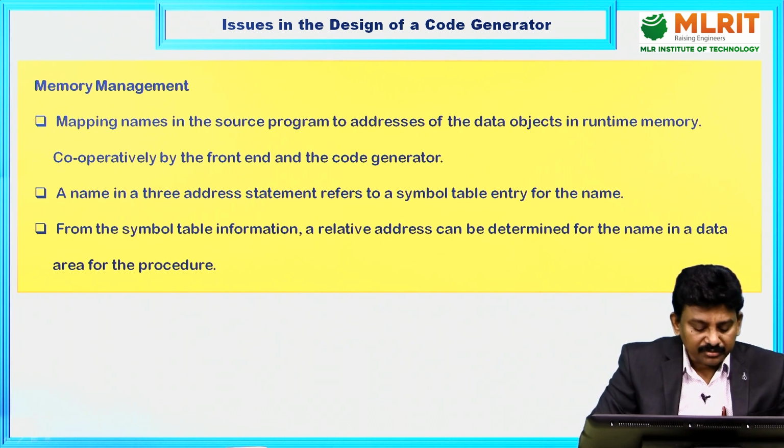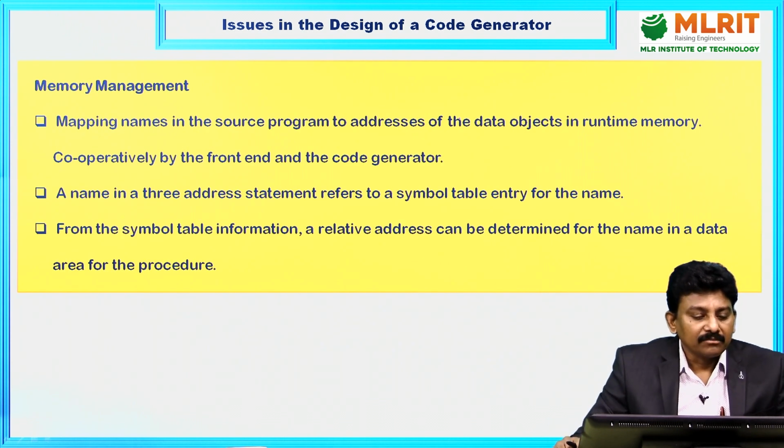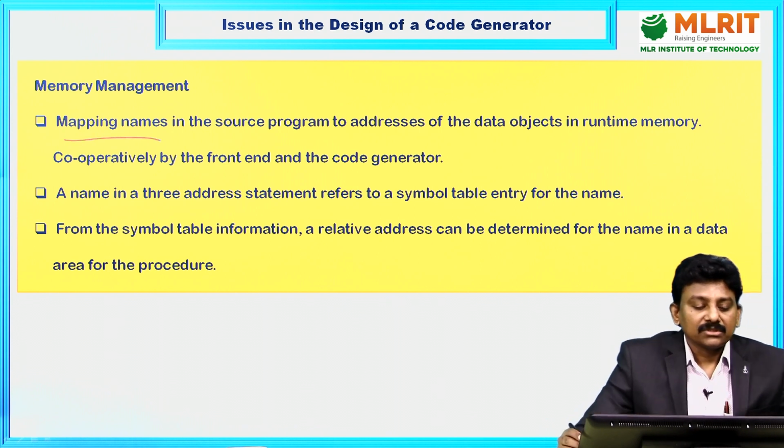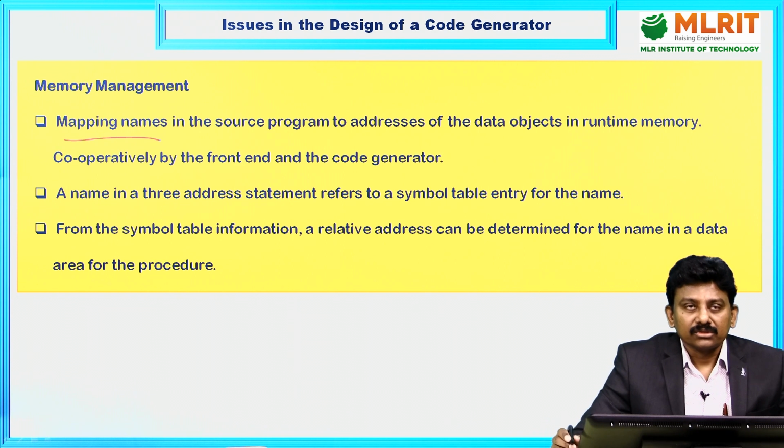Then memory management: mapping names in the source program to addresses of the data objects in runtime memory is done cooperatively by the front end and the code generator. Here the front end and code generator cooperatively use the symbol table, mapping names in the source program. What are the names used in the source program?